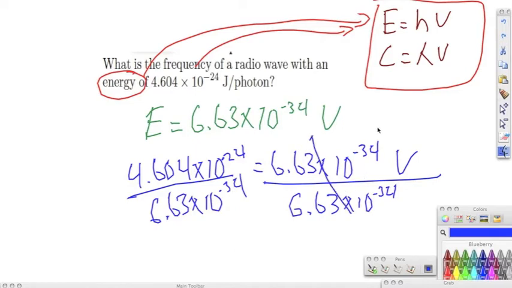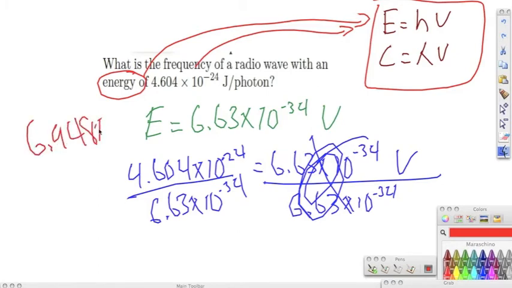We cancel these guys out. That goes to 1, and our frequency should be 6.948 times 10 to the 9th hertz.